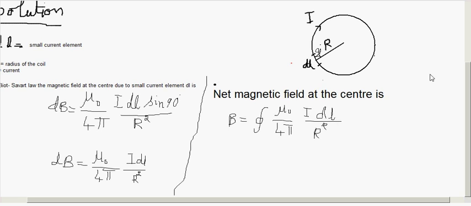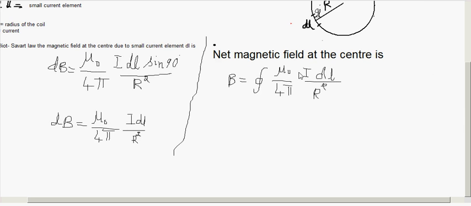Now you can take the constants outside the integration: mu naught by 4 pi into I by r square, integral of dl.